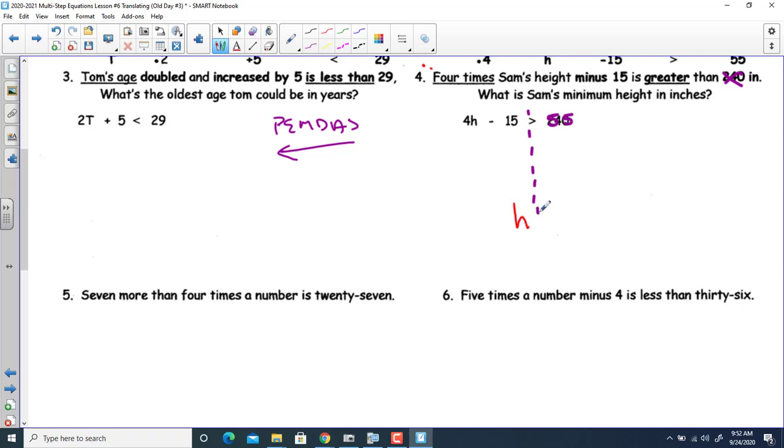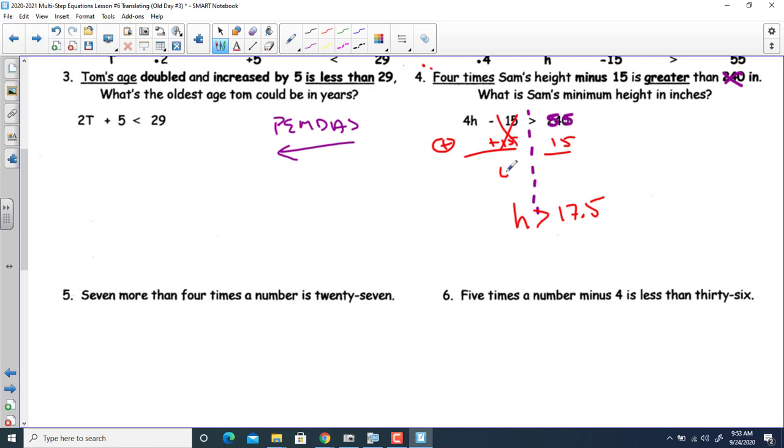And h is greater than. Is it 17.5? That's what I'm seeing in the chat. So we're going to add 15 to both expressions. That is going to take care of the 4 times his height decreased by 15 portion of it.